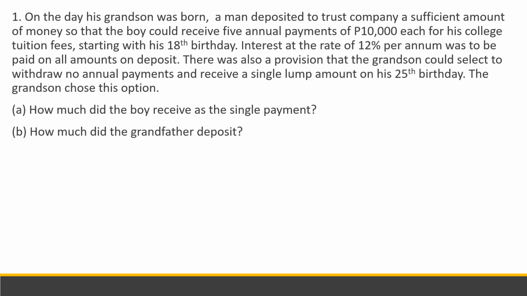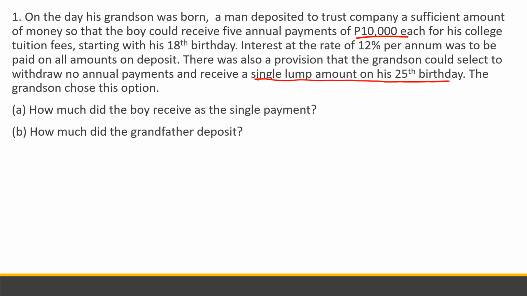So there is also an option where the grandson will not withdraw the 10,000 for the 5 years during his college years, and instead receive the single lump amount on his 25th birthday.